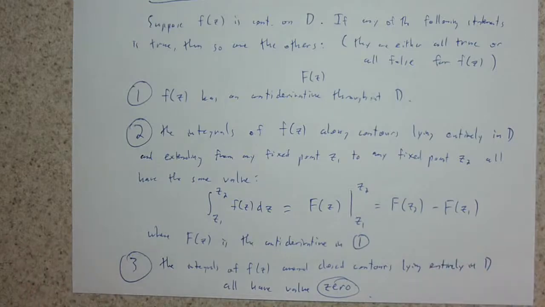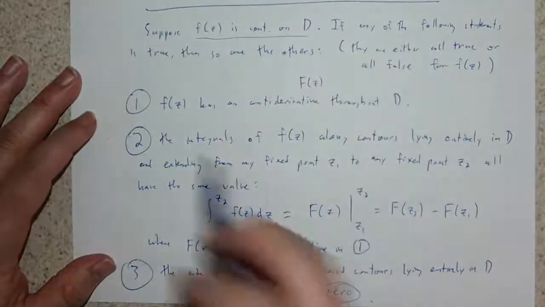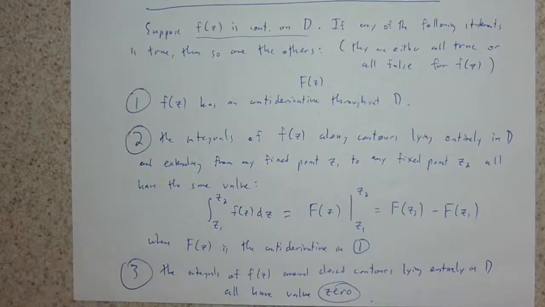It's not the only one, though, as we'll see. There's another big named theorem that gives us another way of getting 0 around closed contours. Again, not every f that's continuous on a domain has an antiderivative, but if it does, then you get these other two facts, and so we have really nice ways here of being able to compute this.